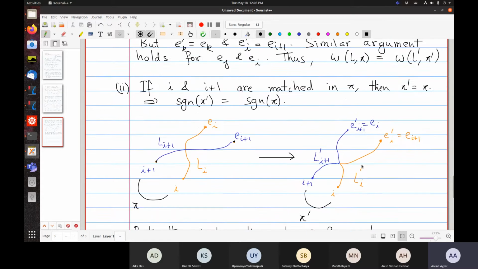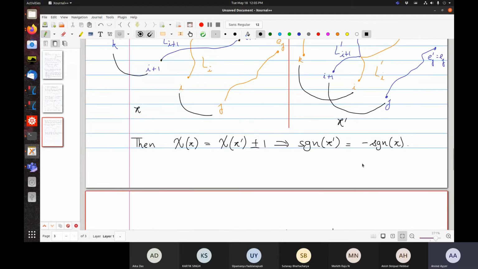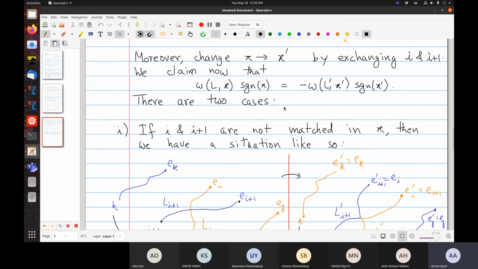Right? So, in the first case, the matching is what contributed to the sign. In the second case, the path is what contributed. The NILP is what contributed.